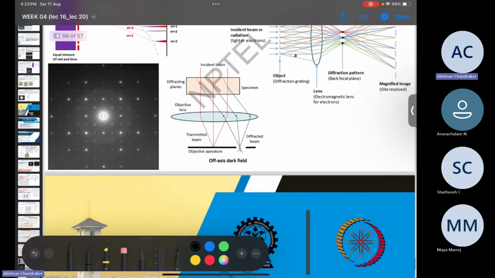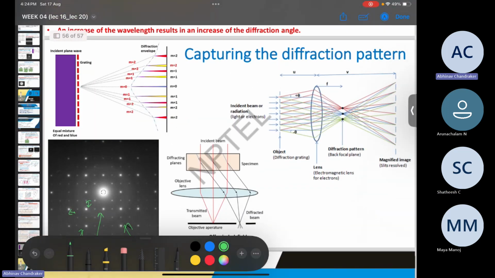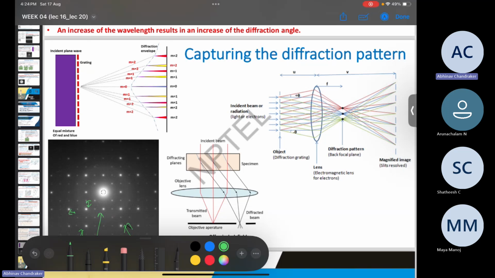Using the concept of zone axis, we can understand which planes will diffract, and using some more advanced concepts related to reciprocal space, we can also tell, if we have this kind of diffraction pattern, which plane each of these diffraction spots corresponds to, based on the spacing and the position of all these spots. I think it will be covered in the upcoming lectures.